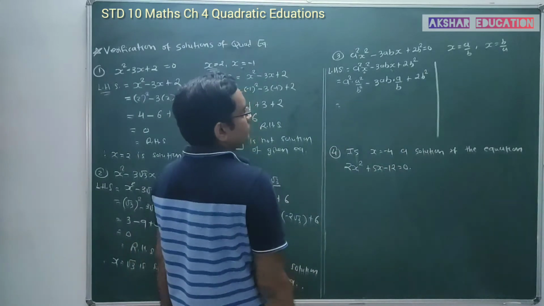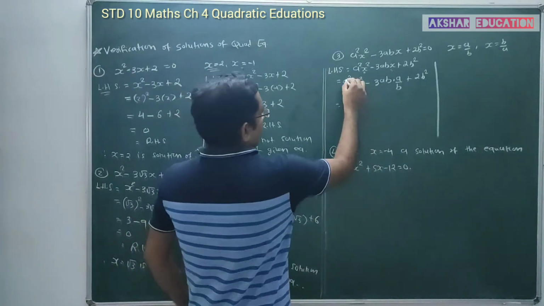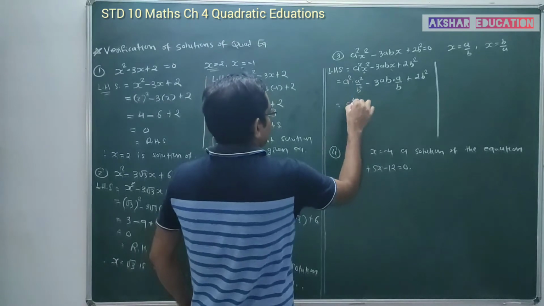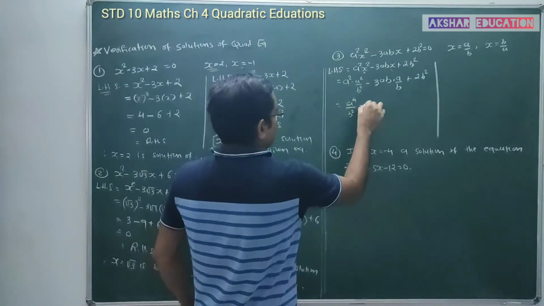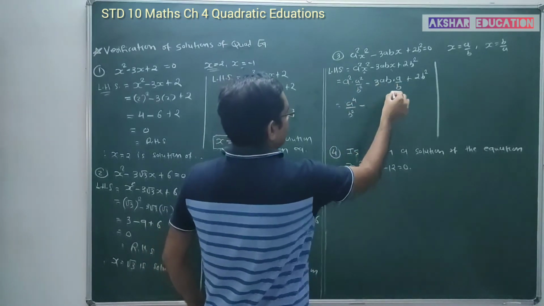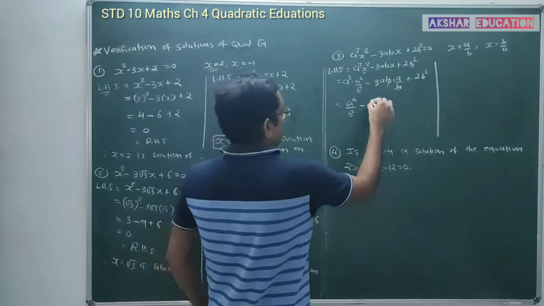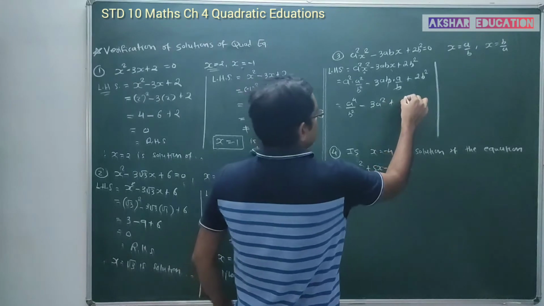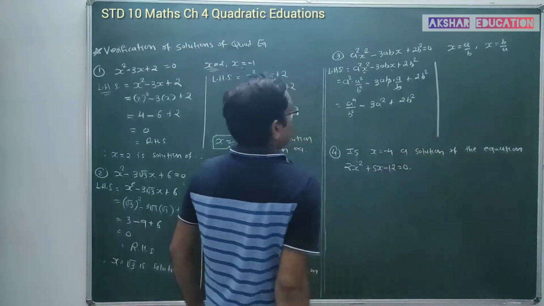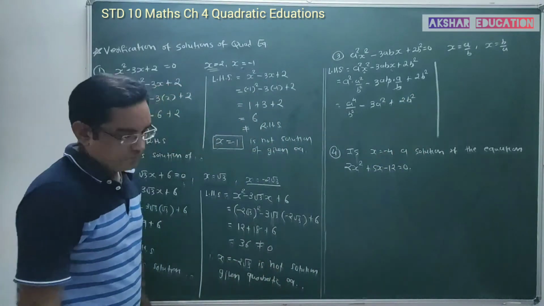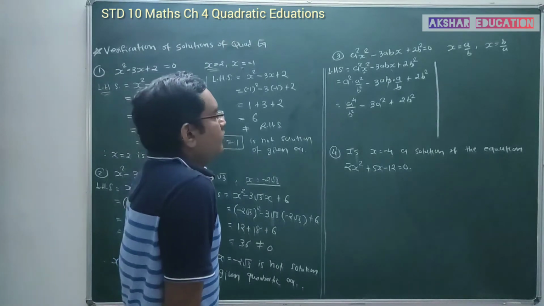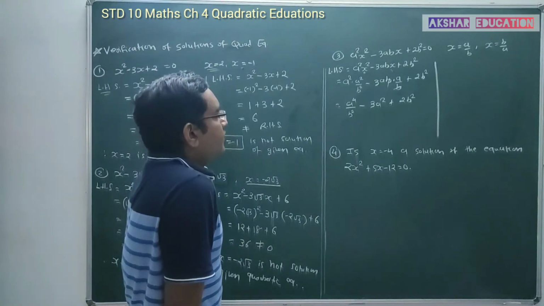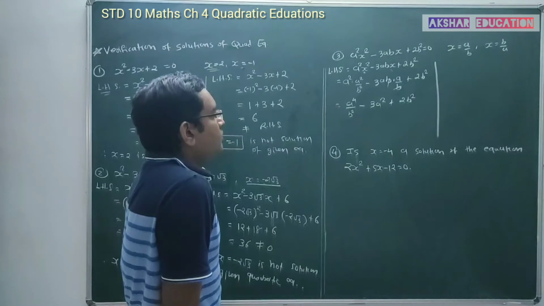So this is equal to a square into a square, a raised to 4 by b square, minus 3a square plus 2b square. Clear? So do you think it will become 0?